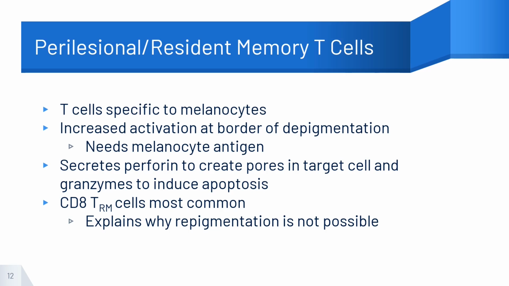And this explains why repigmentation is not possible for these patients, because as soon as you go to give them the pigment again, those memory cells are going to come and combat against the pigment again. So it's just going to keep a cycle of not being able to produce that pigment even if it's put back in your skin.